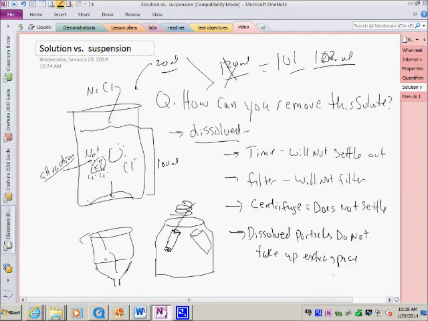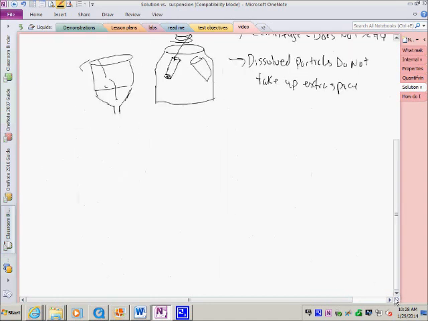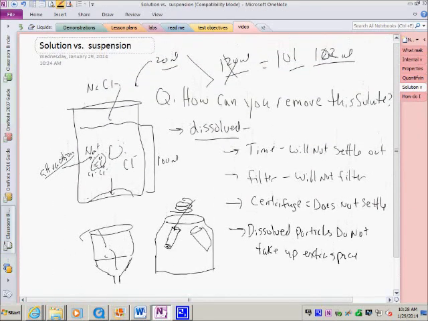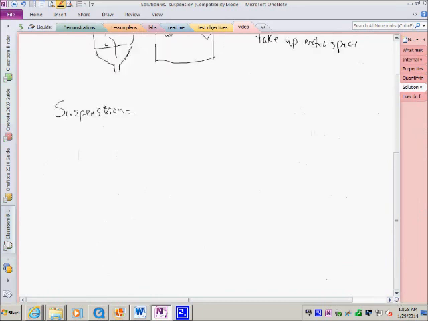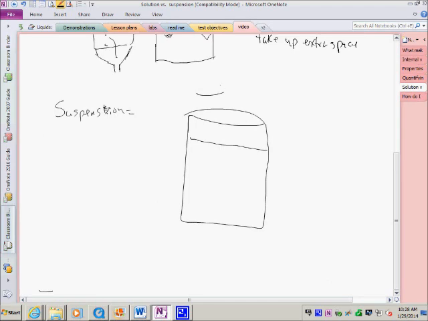Now, there are different things where something isn't truly dissolved. This is what we call a suspension. Now, suspension is a situation where you just take a solution, and let's just say you got some dirt, and you just dump it in here, stir it up, and you have all the stuff just floating in solution.